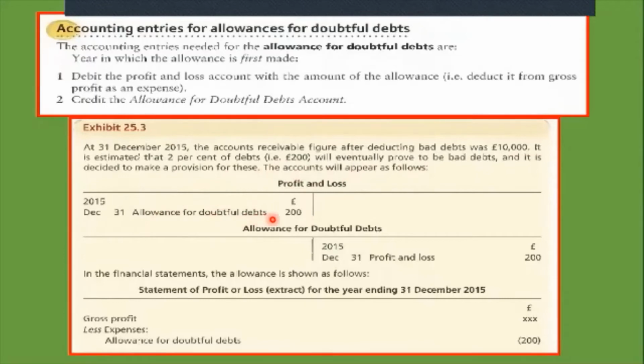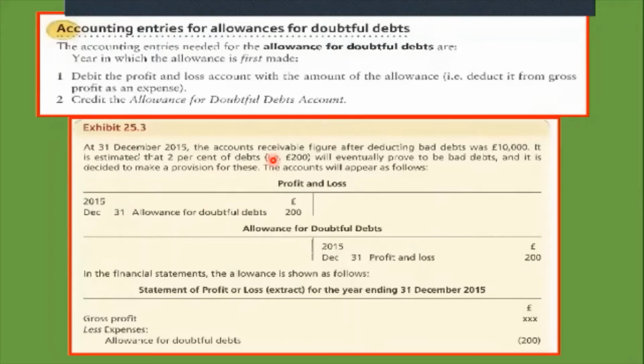You've taken it out here. 2% of the 10,000 is 200. So you've taken it out of your profit here by debiting profit, and you're putting it over in your allowance for doubtful accounts here. So you have set aside some of your profits to cover any loss that may occur when customers don't pay. It's called allowance for doubtful debt.